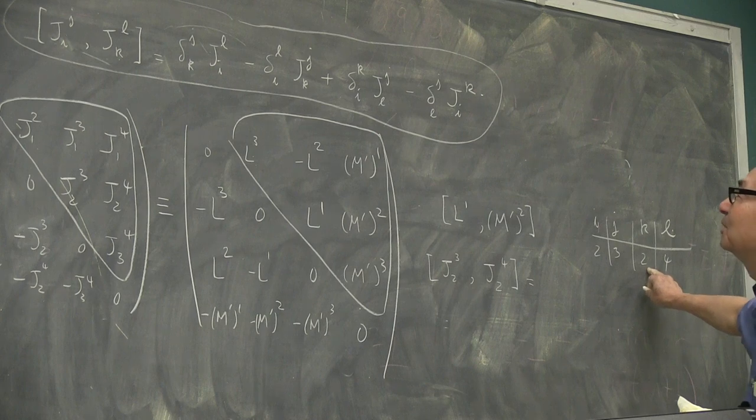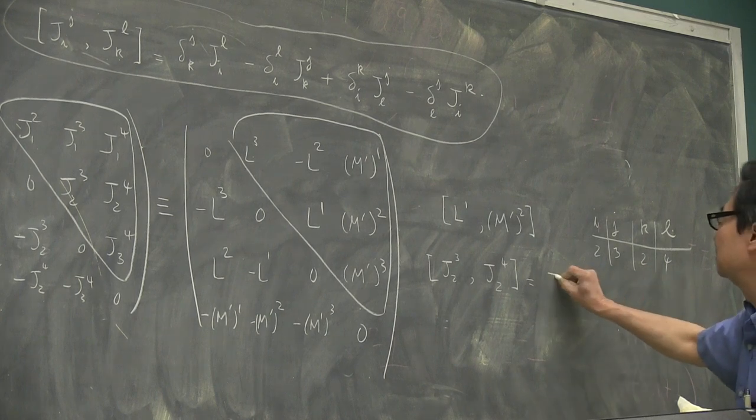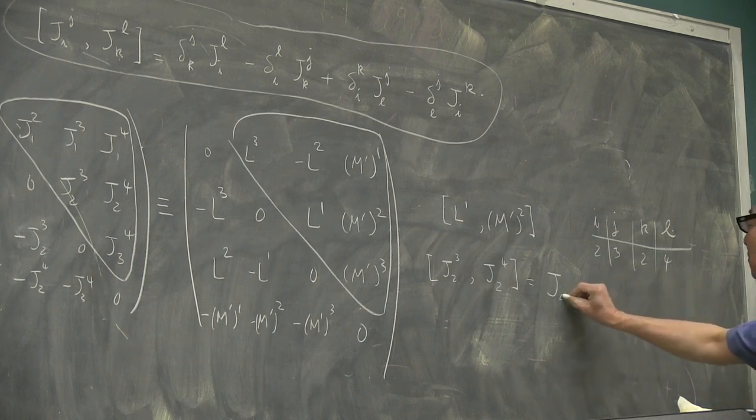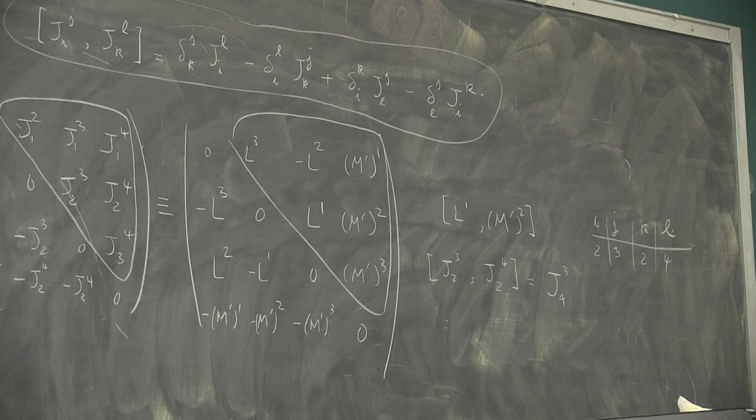Delta_ik is delta_22. And so I'm left with J_lj, J_43. Is that right? The last one is delta_lj, 0 also because it's 4, 3. So let's see if it works out.